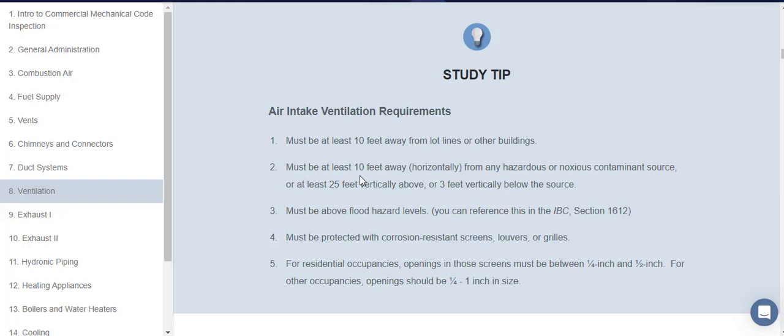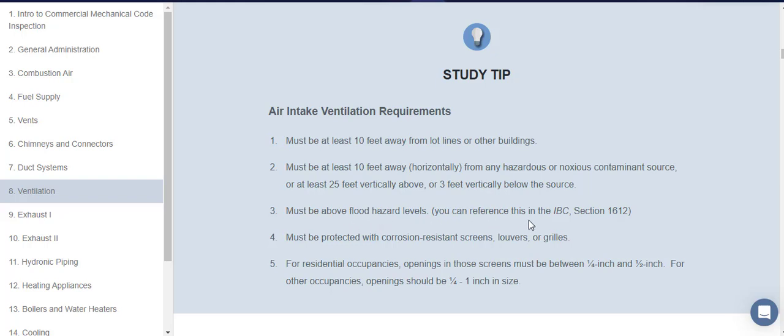Number 2, must be at least 10 feet away horizontally from any hazardous or noxious contaminant source, or at least 25 feet vertically above or 3 feet vertically below the source. Number 3, must be above flood hazard level.